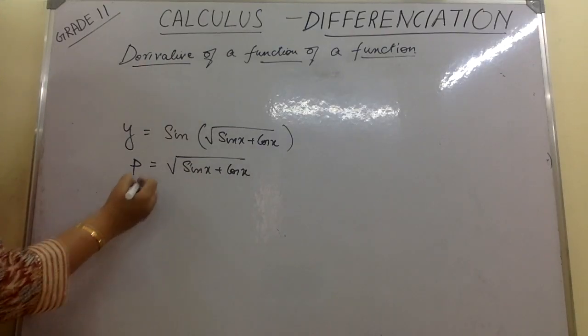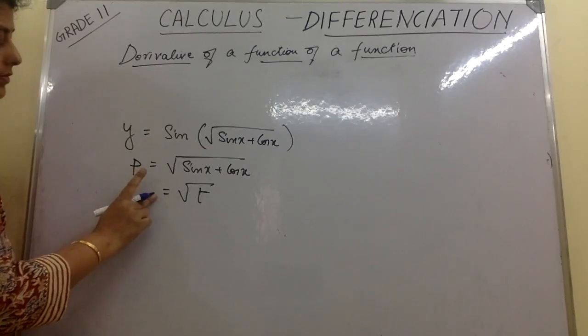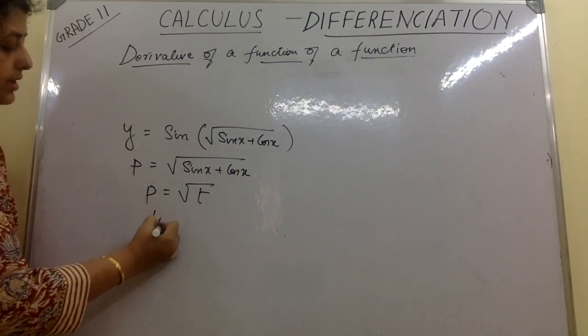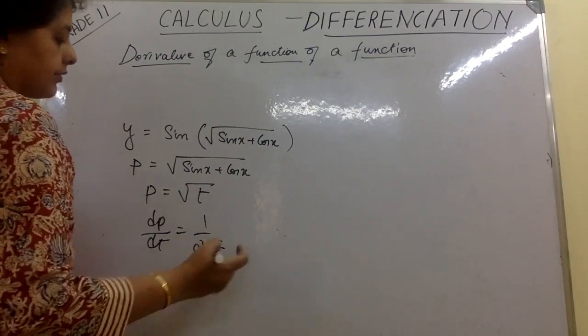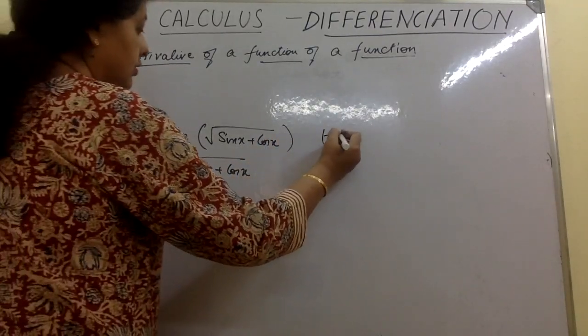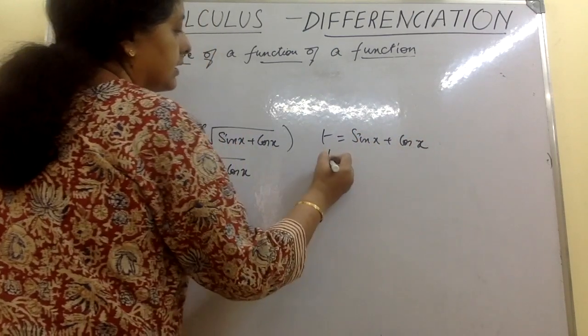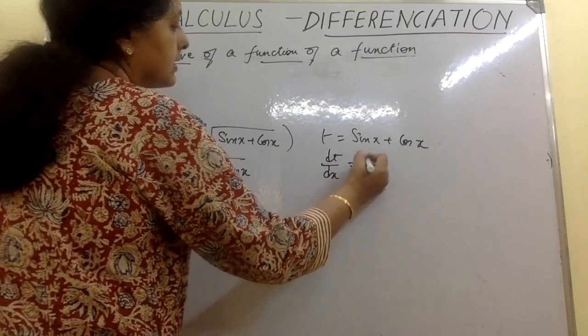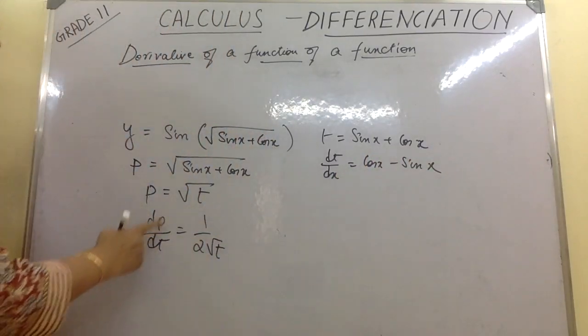Okay, so here that is root t. P, dp by dt is equal to 1 by 2 root t. Okay, now t is equal to sin x plus cos x. Here dt by dx is cos x minus sin x. So second part also done.